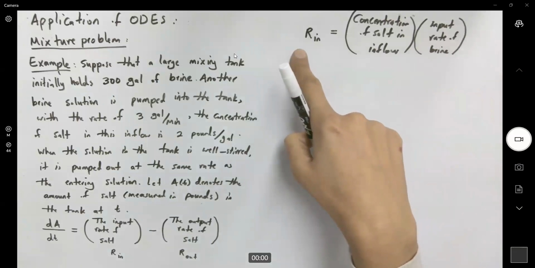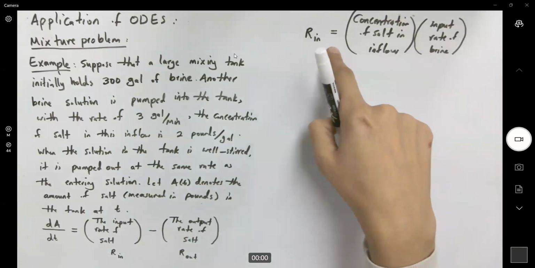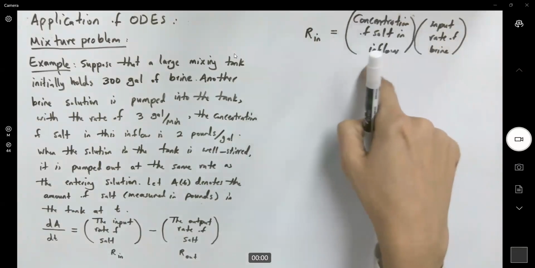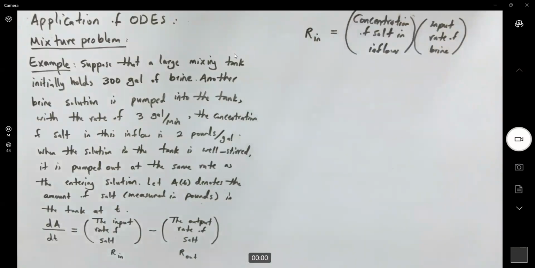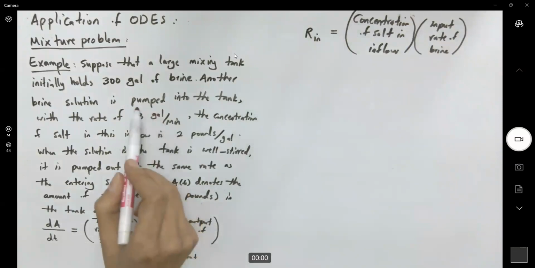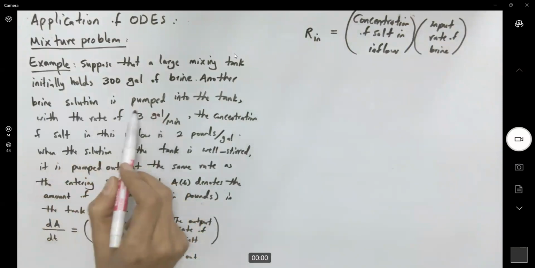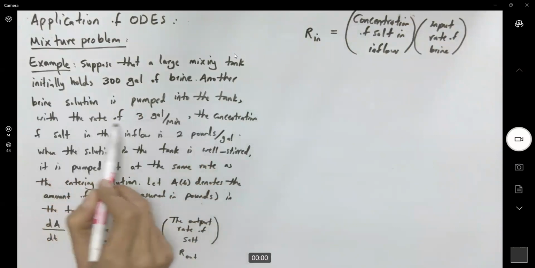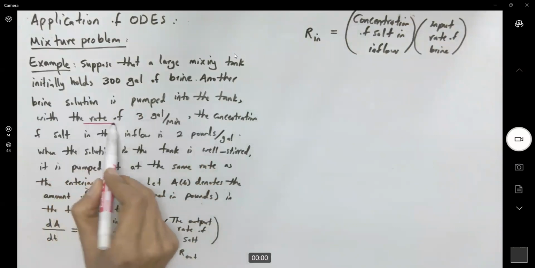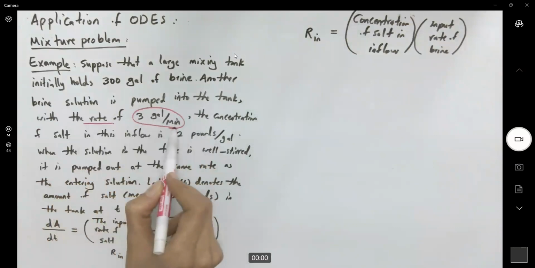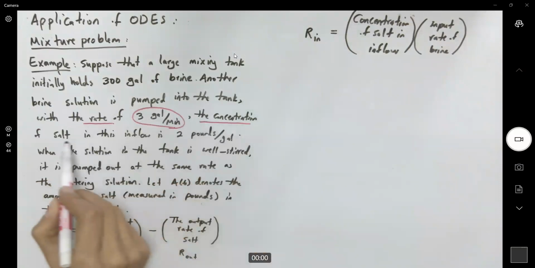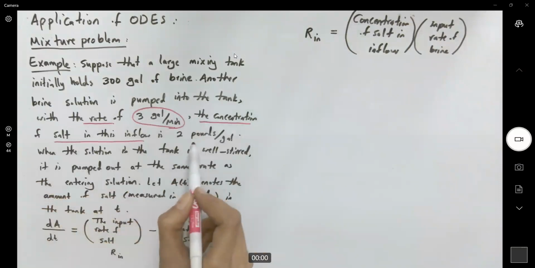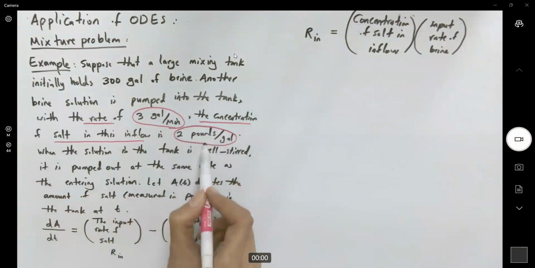So the input rate of salt is equal to, what is the concentration of salt in the inflow? Let's take a look at the question. The information given to us is that the brine solution is pumped into the tank at a rate of 3 gallons per minute, and the concentration of salt in this inflow is 2 pounds per gallon.